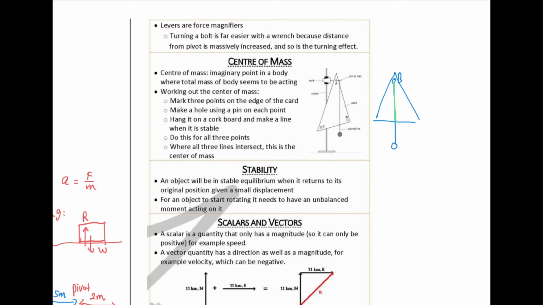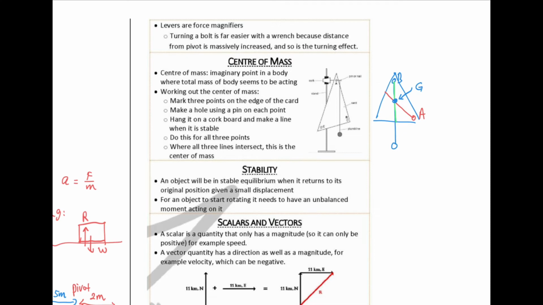Just now when you did it at point A, you also already drew a line. So you must draw the line on the triangle itself. The intersection point of the two lines will be the center of mass.